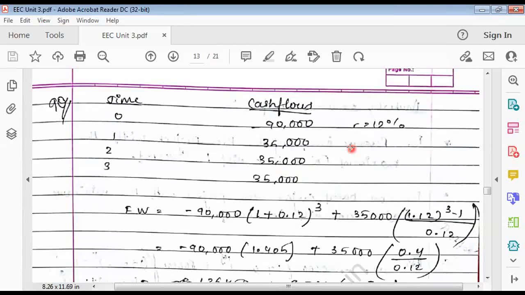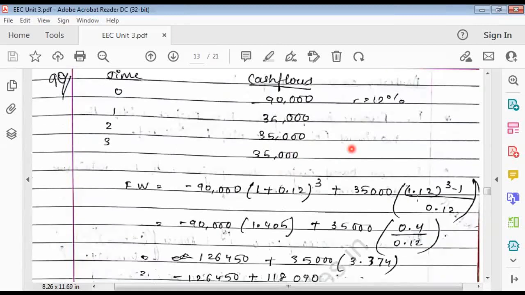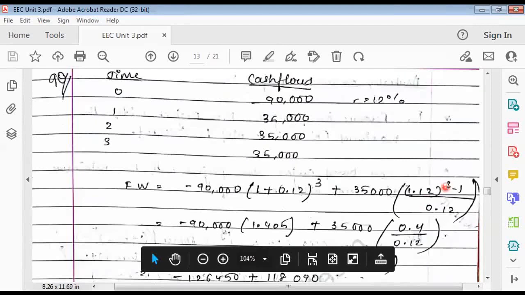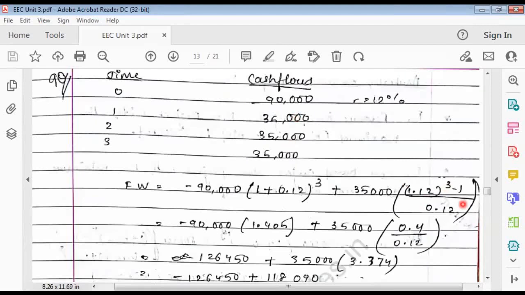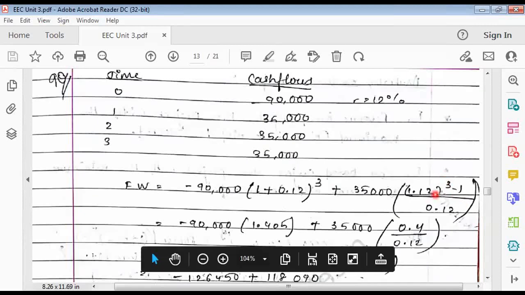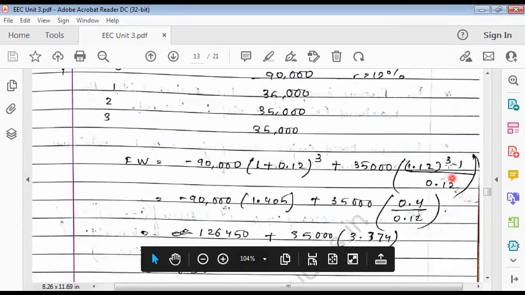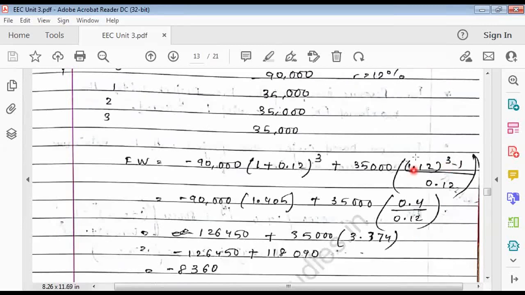But if you take the direct formula, you should be putting 3. This entire 3 years, so that is why the power will be 3 and minus 1. Again it looks like 3 minus 1, it's not 3 minus 1. It is from the entire term minus 1: 1 plus 12% whole to the power 3 minus 1 divided by 12%.